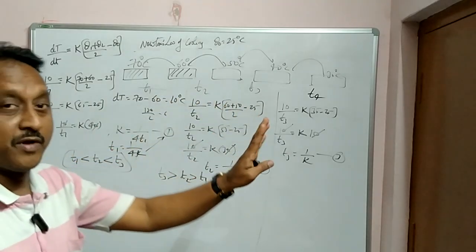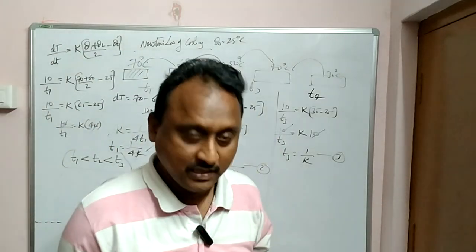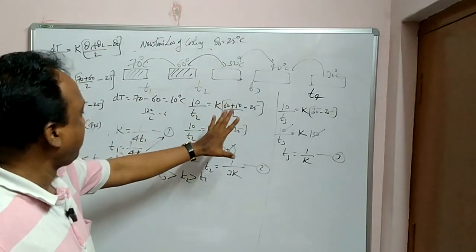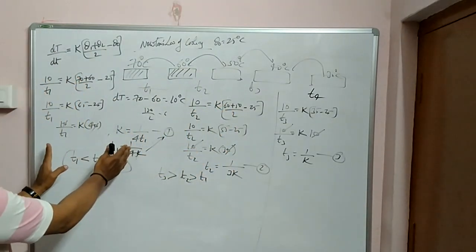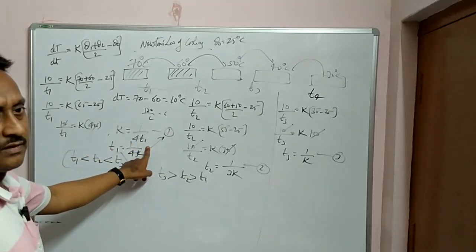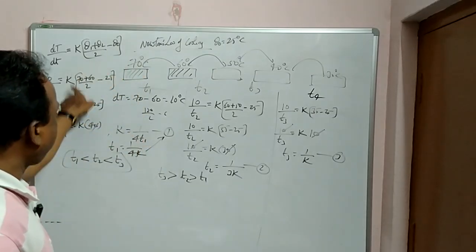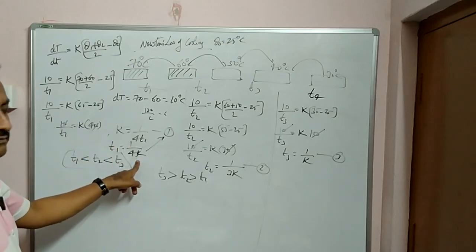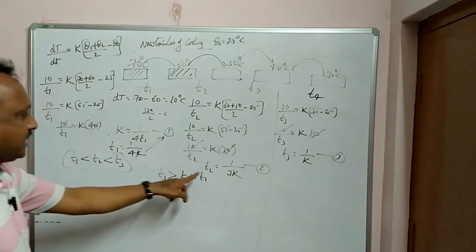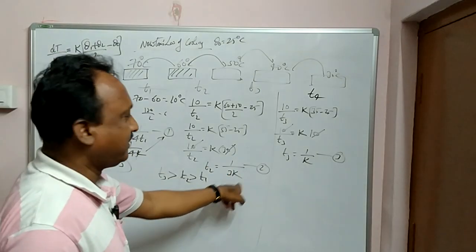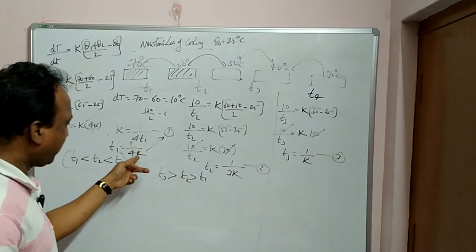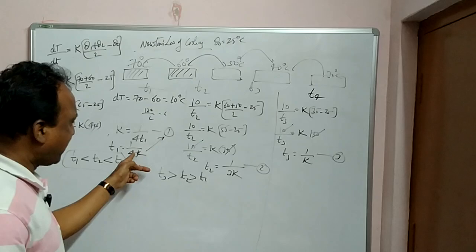I am telling you this from this problem, not in a general way. According to this problem, T1 is 1 by 4k, here 1 by 3k, here 1 by k. So whose denominator is larger? 4k. k is a constant value.